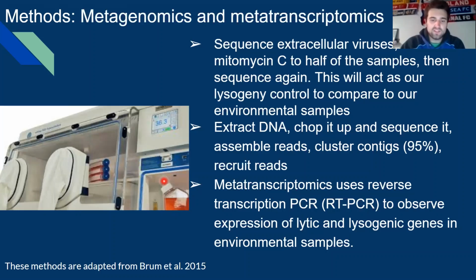We could then insert both sequences into VirSorter, and we're hoping to find that an increase in genes will occur when the bacteria are undergoing lysogeny, and it will act as a potential quantitative measure. We would then use metatranscriptomics to see the expression of genes in our samples, allowing us to compare the abundance of their expression during hypoxia.